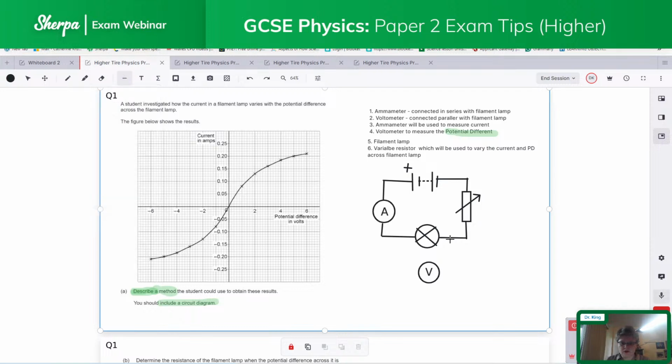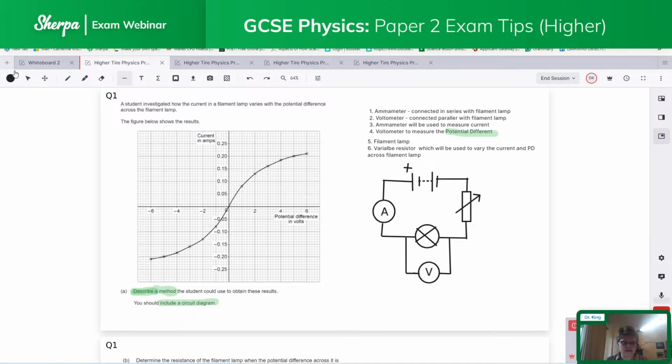Solid line: I need to surround my filament lamp, my bulb, because I would like to see the difference in reading at the entering of the filament lamp and after. Okay, so that is the circuit diagram that will work.